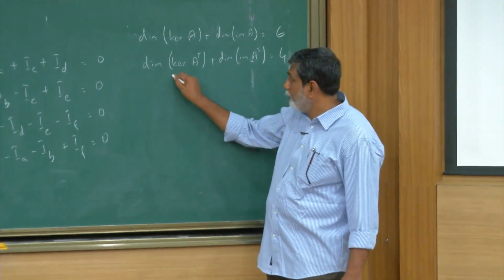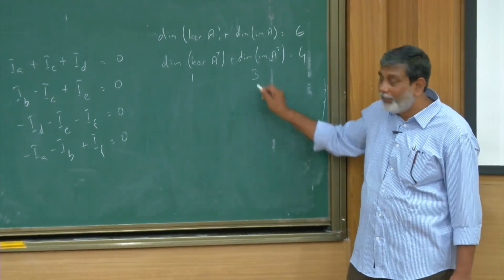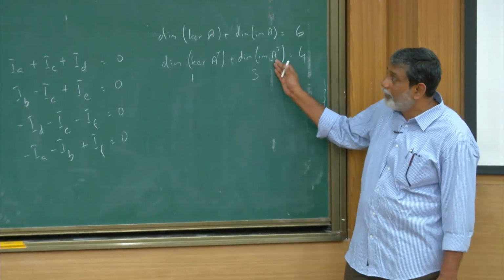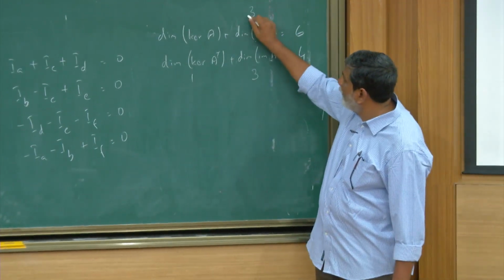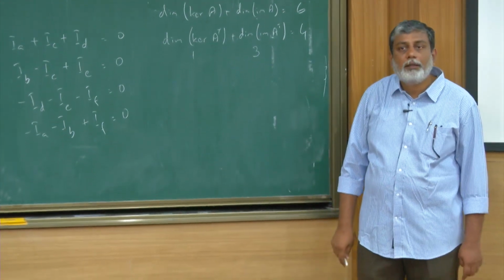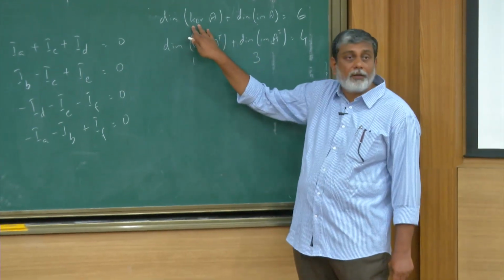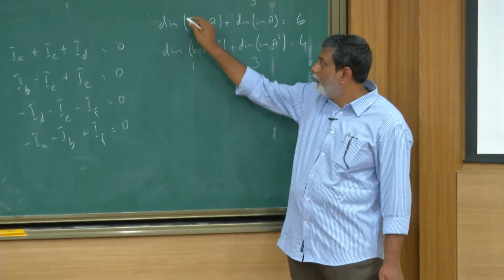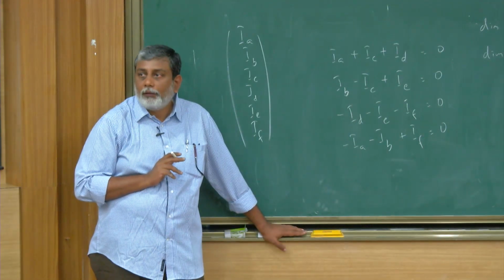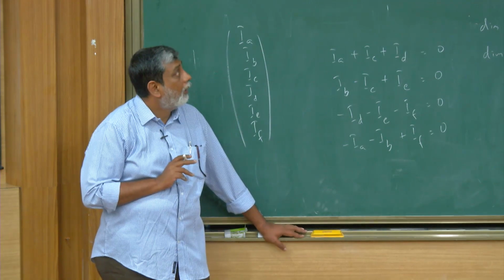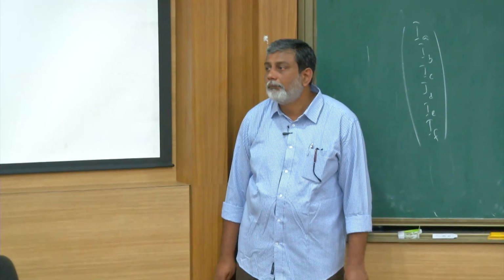Dimension of kernel of A transpose is 1, therefore dimension of image of A transpose must be 3, and that must be the rank of A. So this must be 3. Yeah? And dimension of kernel of A is 3. Is this okay? Yeah?